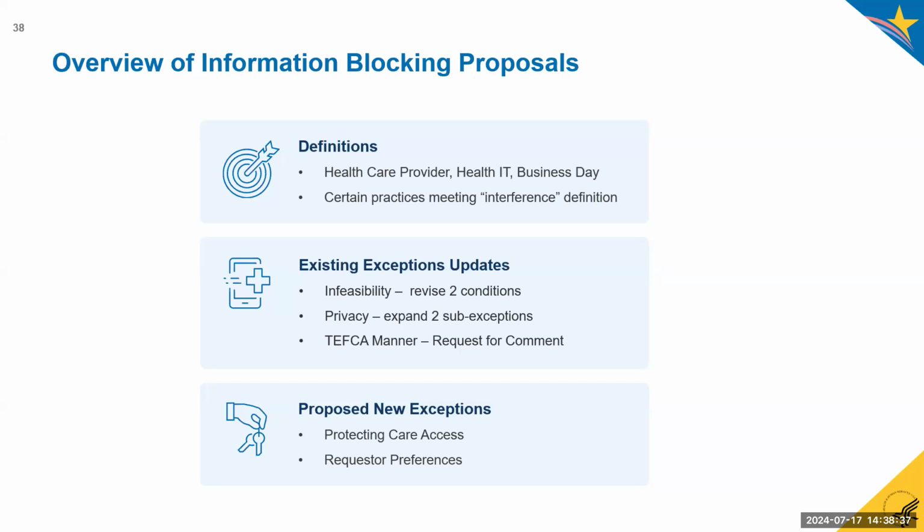And similarly, be sure to look in the preamble and proposed regulatory text for a list of practices that constitute an interference for purposes of information blocking. We propose some changes to the timing of responses for the infeasibility exception, propose to expand some of the subconditions in the privacy exception to provide greater clarity for non-covered entities or actors. And we requested comment on some aspects of the recently finalized TEFCA manner exception.